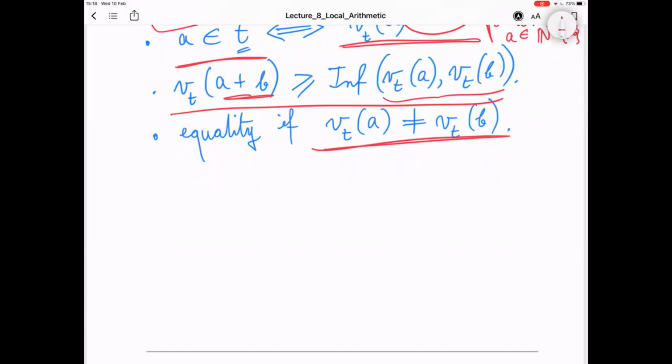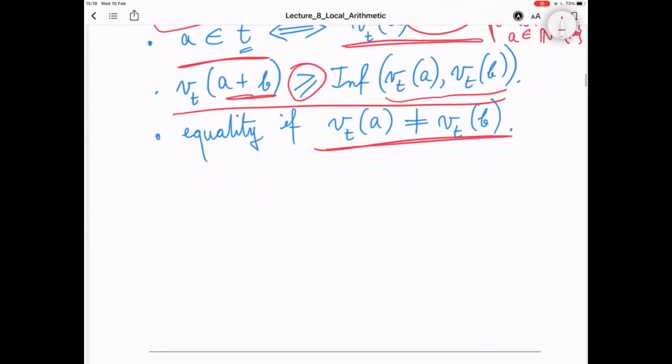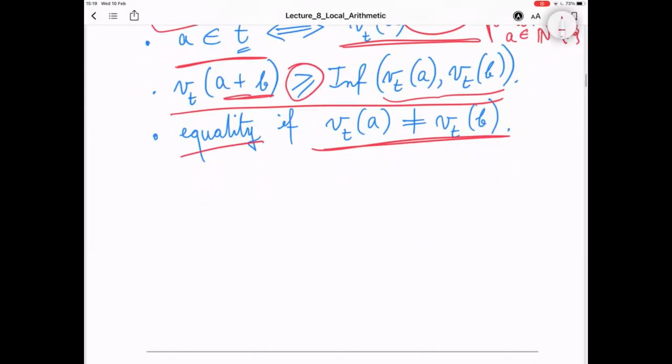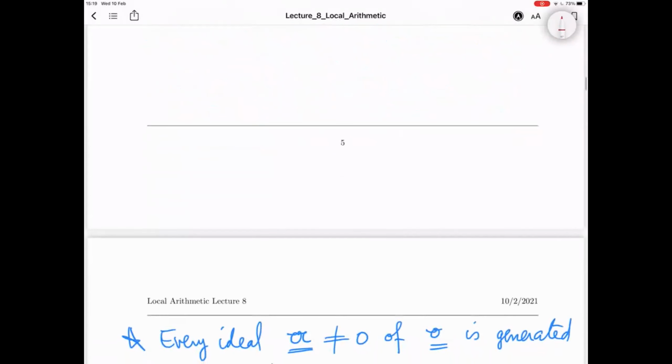If they are the same, then you can have strict inequality here. Otherwise, if they are different, then you always have equality. But when they are the same, you may have strict inequality. It's not forced, but it may happen.